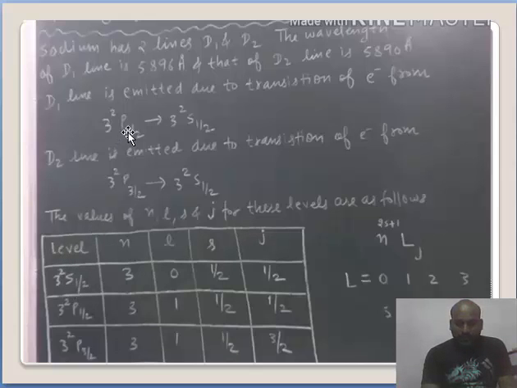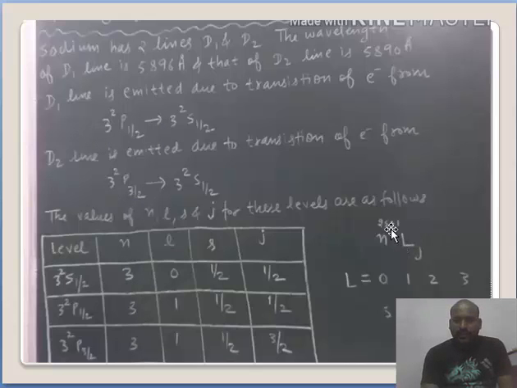So only 3 levels come in this sodium D line, that is S half, P 1 by 2, and P 3 by 2, remaining things are all the same. So here N is the energy level, and both all are 3, 3, 3.